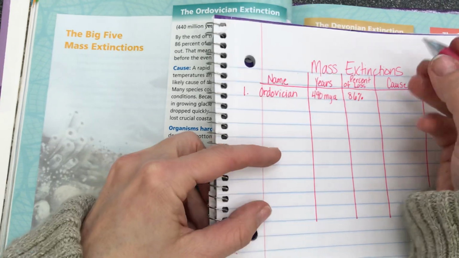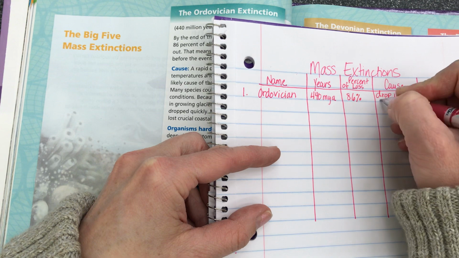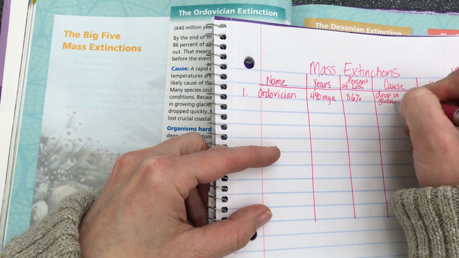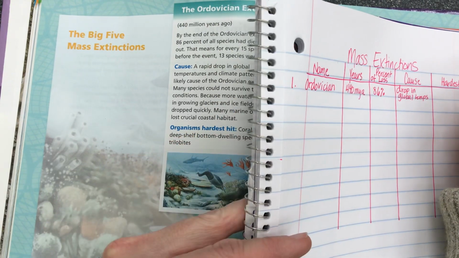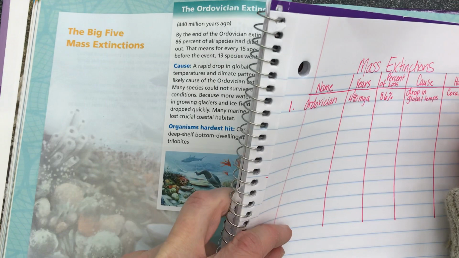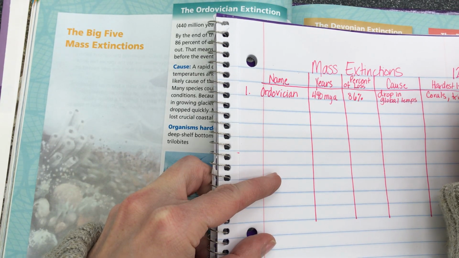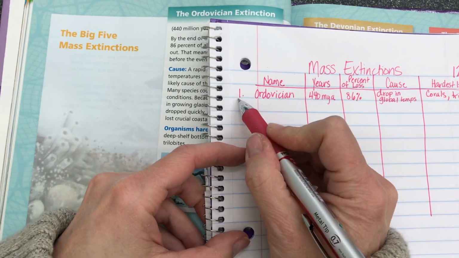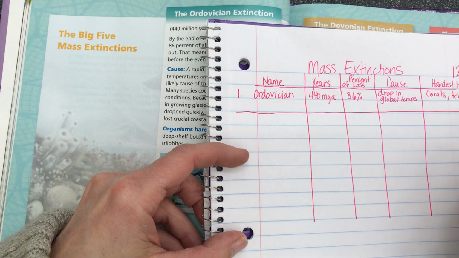The cause was a drop in global temperature. And the hardest hit species were corals and trilobites. All right, let's go ahead and draw a line here so we can prepare for our next one.